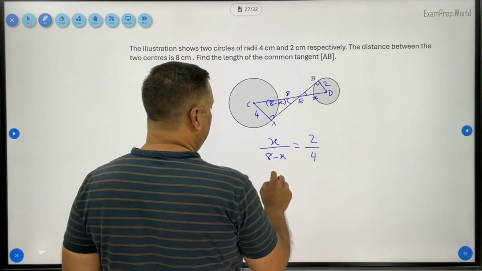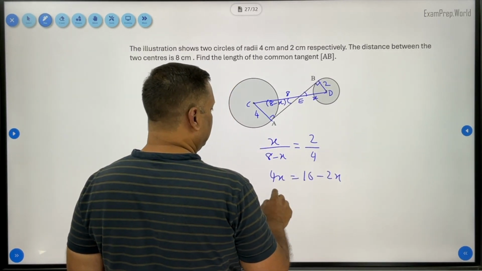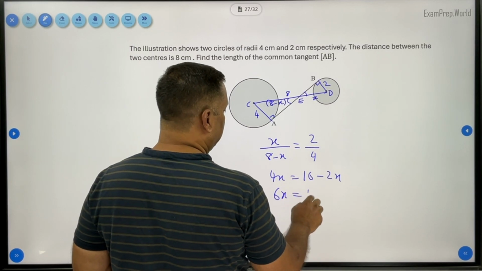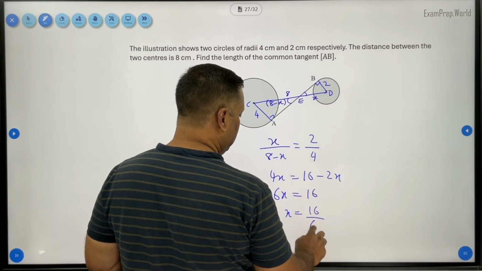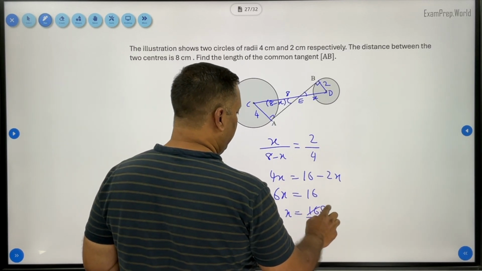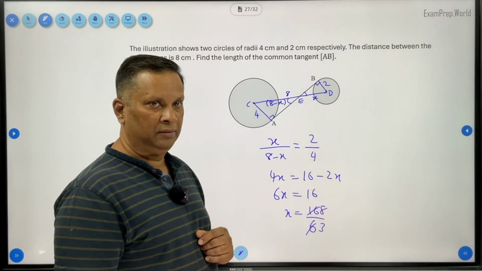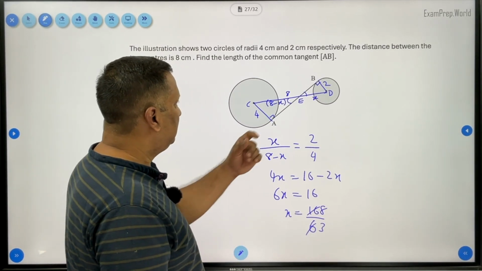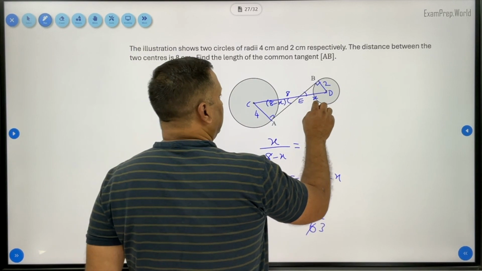And then cross multiply. 4x equals 16 minus 2x. 6x equals 16. x equals 16 over 6, which is 8 by 3. Now if x is 8 by 3, can I find EB?